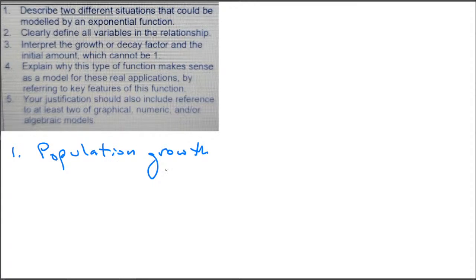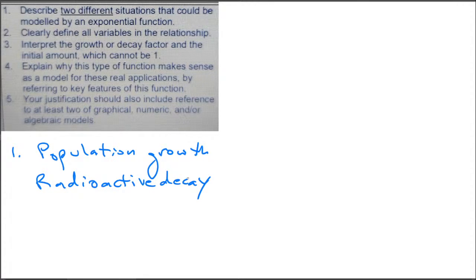So the first application here is population growth. You saw this over and over again in the discussion about COVID, as we watched more and more people get it. In the beginning, it was growing exponentially. Another way that this would come into play is radioactive decay.